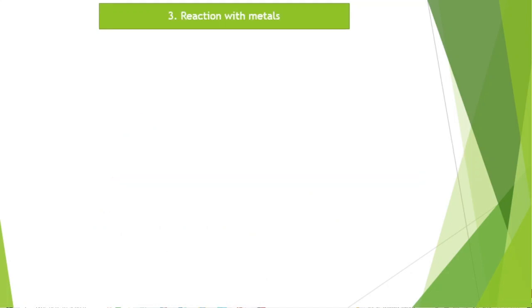Next is going to be the reaction with metals. So under reaction with metals, you have two different types of reactions. But the two reactions are very simple and easy reactions. First, you are going to take RX, that is the haloalkane. You are allowing it to react with Mg in the presence of dry ether.